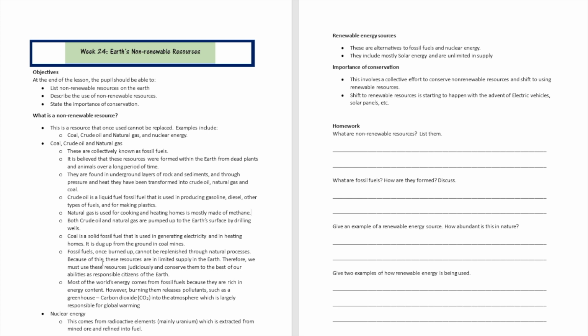Fossil fuels once burned up cannot be replenished through natural processes. Because of this, these resources are in limited supply in the earth. Therefore, we must use these resources very well and conserve them to the best of our abilities. Most of the world's energy right now comes from fossil fuels because they are rich in energy content.